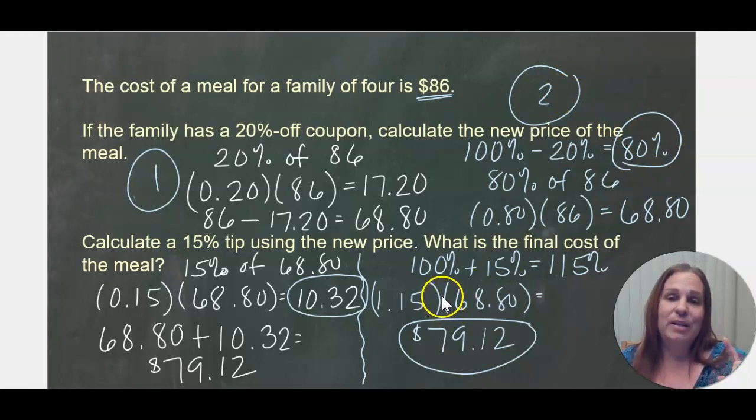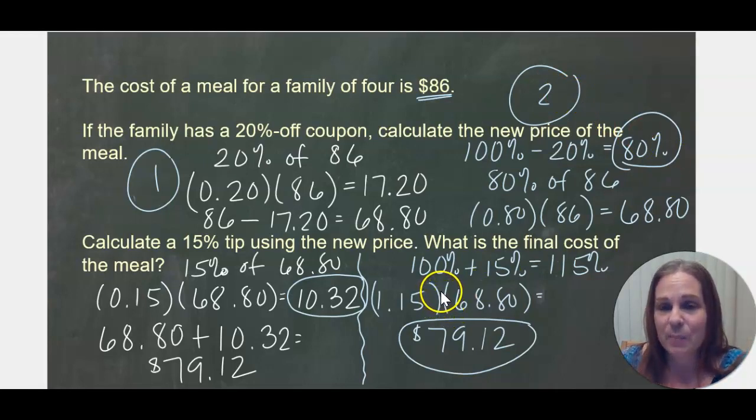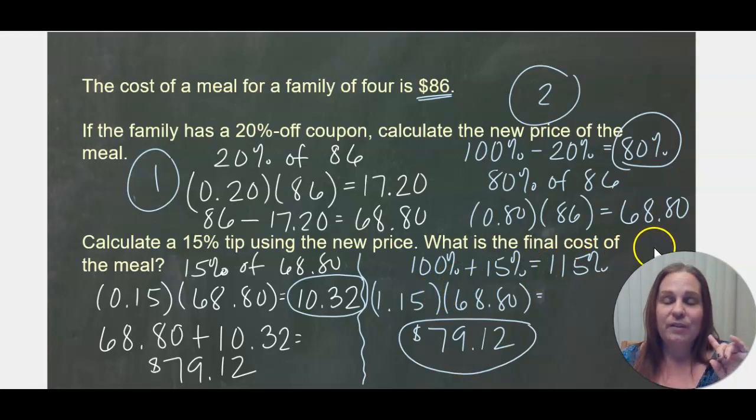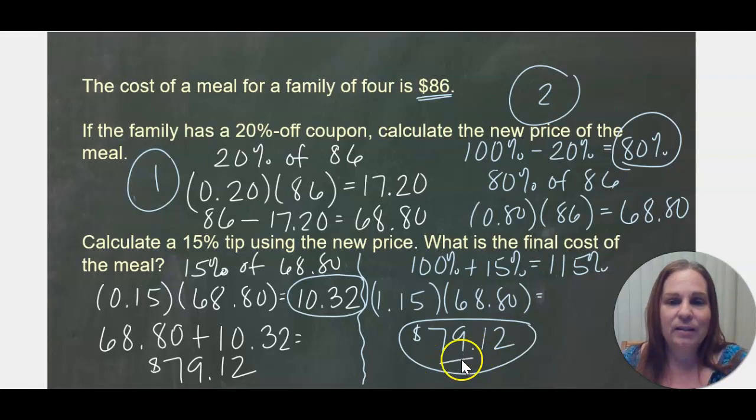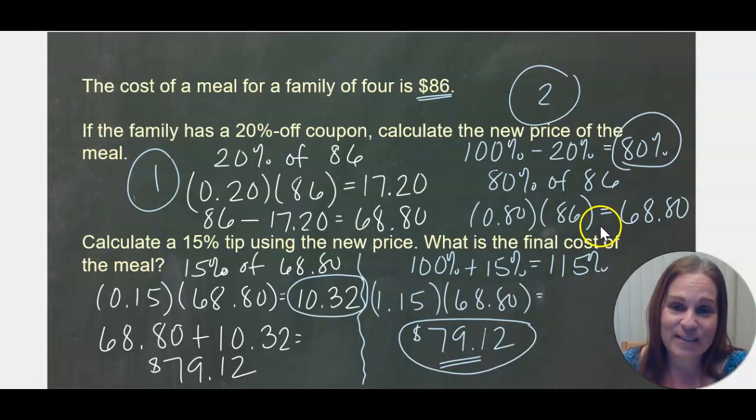Then I wanted to add a 15% tip, so I found 115% multiplied and got my final total. If you don't understand method 2, it's okay. You can always do it the way that I did in method 1, which is to find the percent of the amount and then take that off. Find the percent of the amount and then add that on. You'll get the same answer either way.